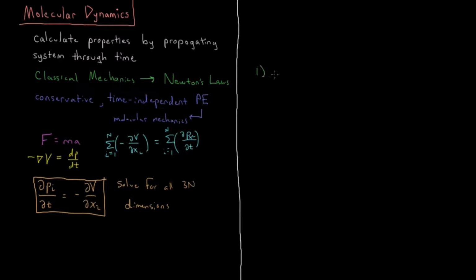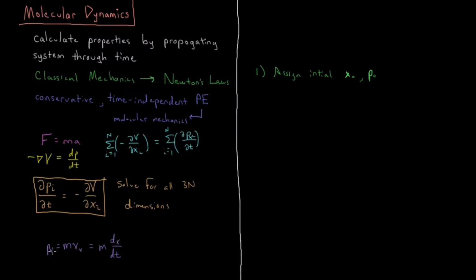Okay, so the first thing we're going to do is assign initial values for our coordinates and for our momenta. So remember, in case we don't remember that specific general physics lesson, Px equals m Vx equals m dx dt.